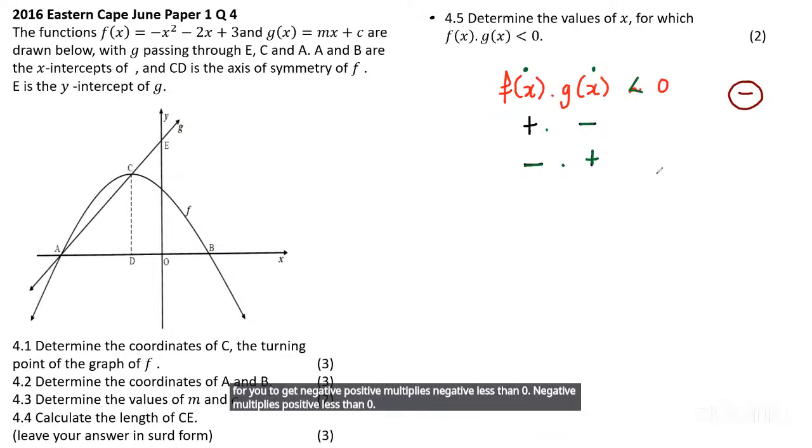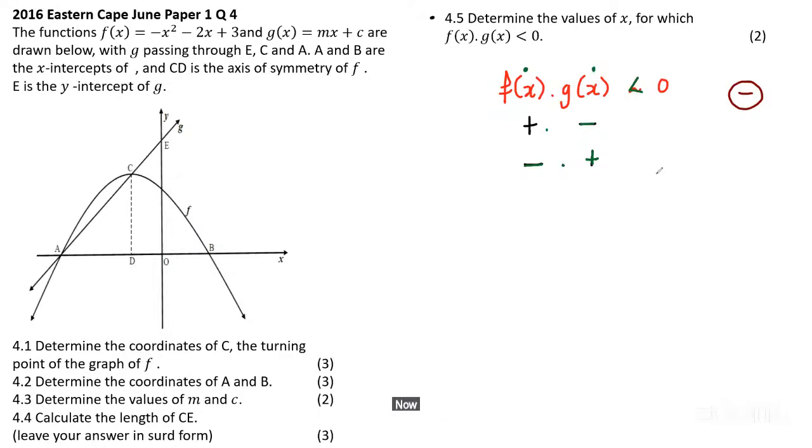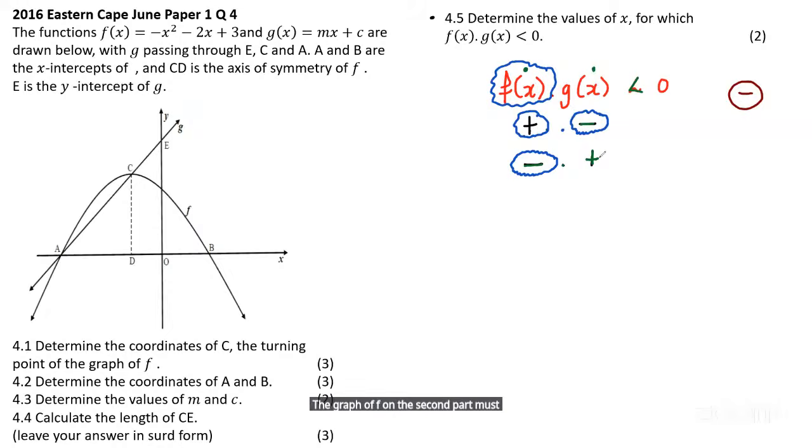It means, in essence, the graph of f of x must be positive while simultaneously the graph of g of x is negative. On the second part, the graph of f of x must be negative while the graph of g of x is positive. So plus minus, minus plus.